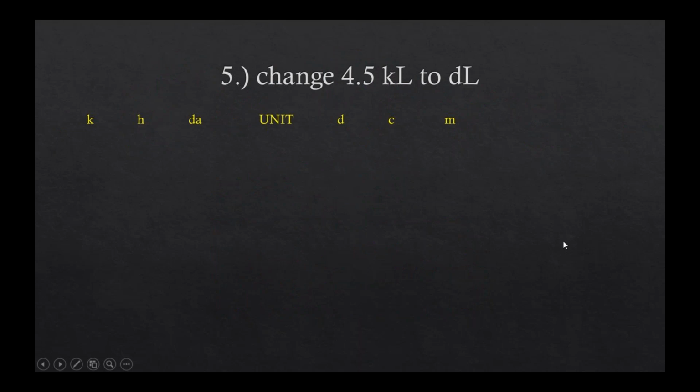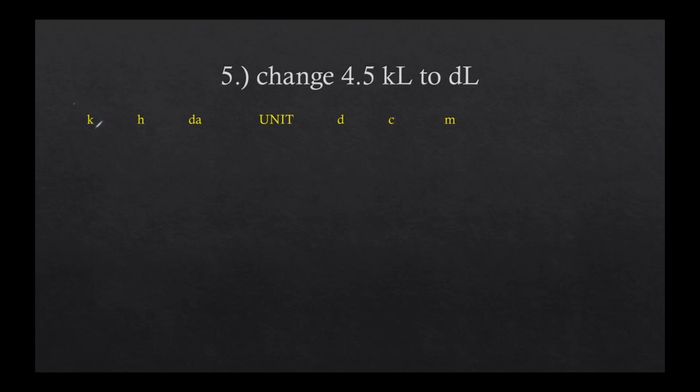Okay, you guys try this one. 4.5 kiloliters to deciliters. Yep, answers are coming in.